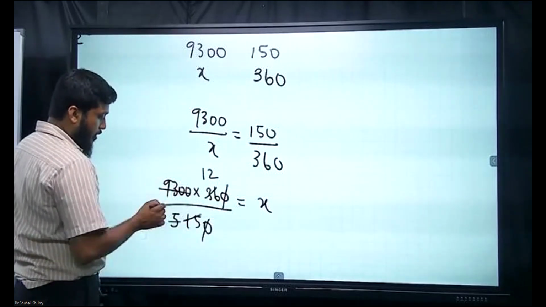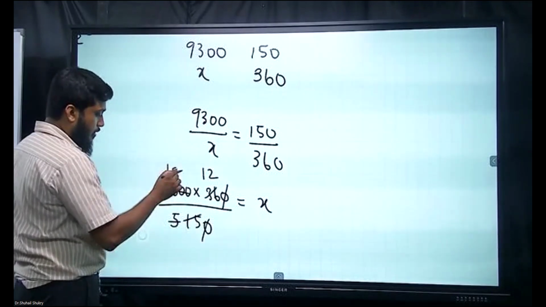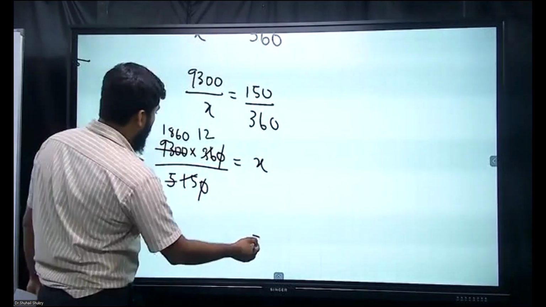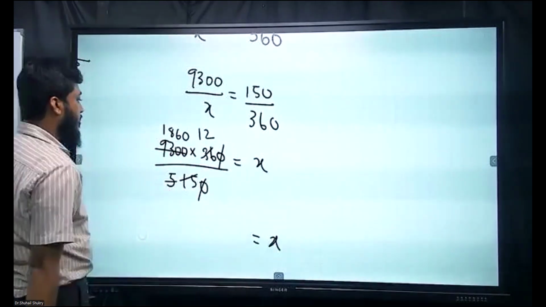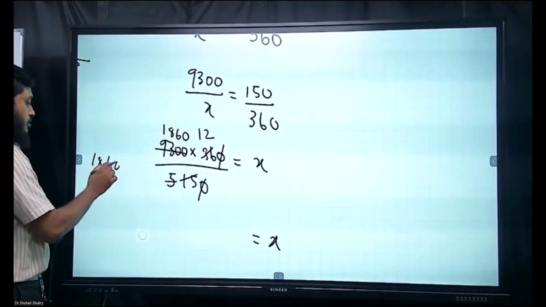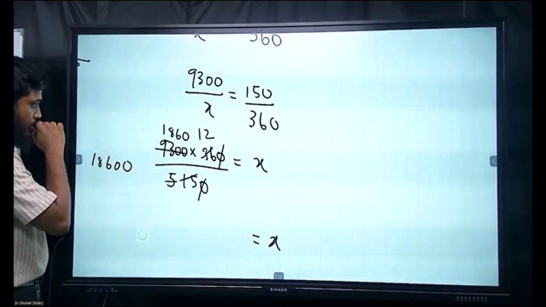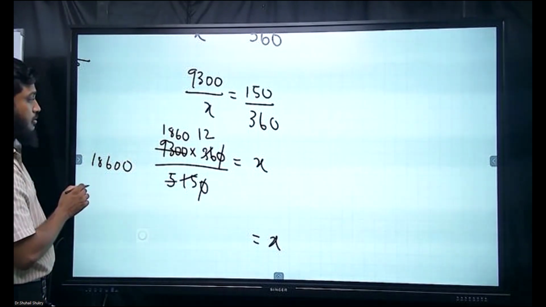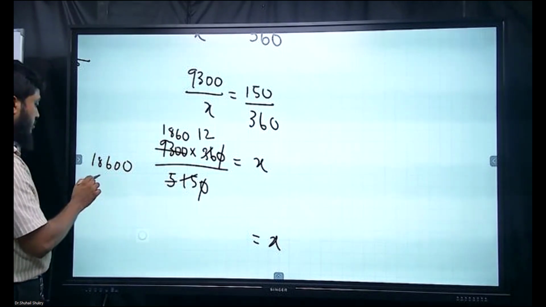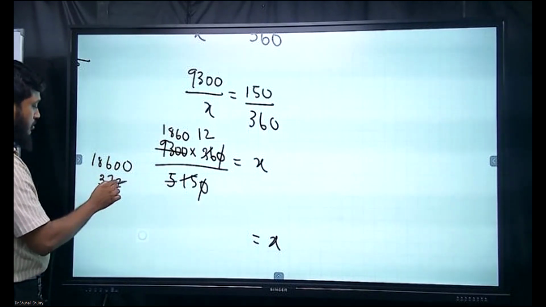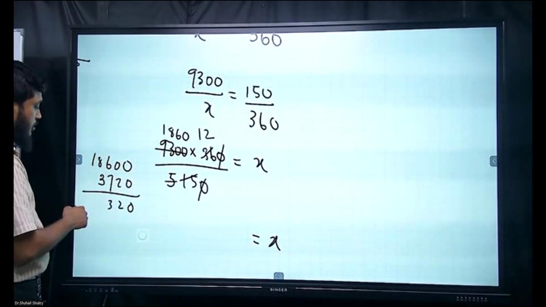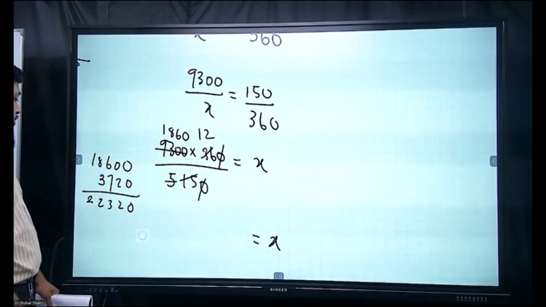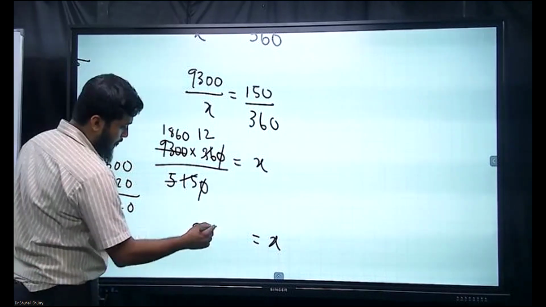If you divide this by 5, you get 1,860 into 12. 1,860 into 12 mean you get 18,600, then 3,720. Right. 22,320, you get the answer.